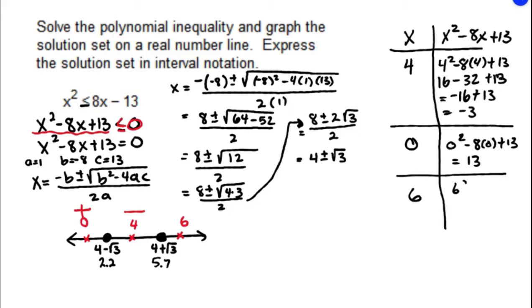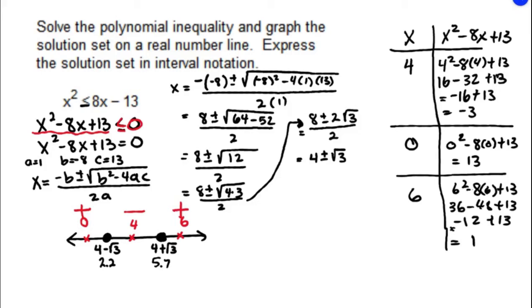We have 6 squared minus 8 times 6 plus 13. 6 squared is 36. 8 times 6 would be 48. 36 minus 48 is negative 12. And negative 12 plus 13 is a positive 1, so we get positive in this interval.